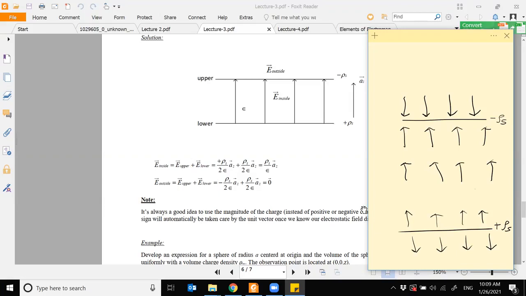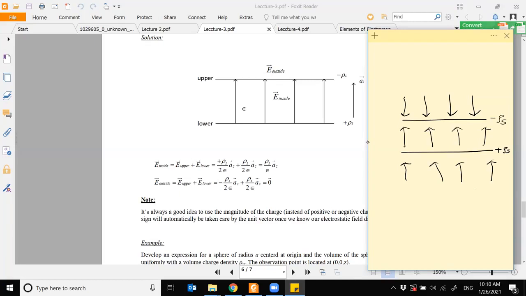Now, let us join these two because we want the total electric field. My lower sheet is here, plus rho s. What will be the electric field generated by it? Let's draw on the same figure.